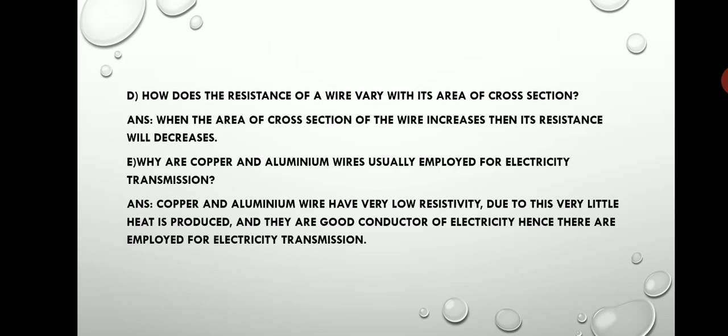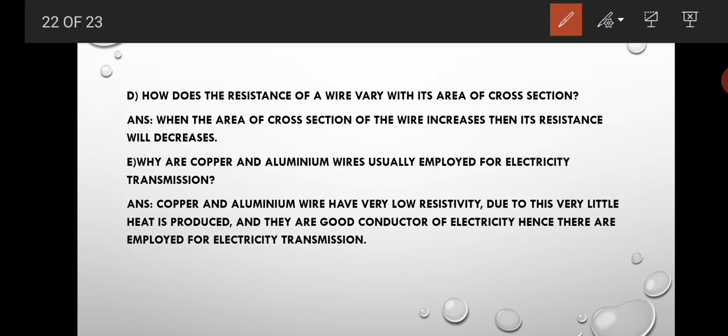The last one: why are copper and aluminum wires usually employed for electricity transmission? What is electricity transmission? It is nothing but the bulk movement of electrical energy from a generation site, such as from the power plant to the electrical substations.